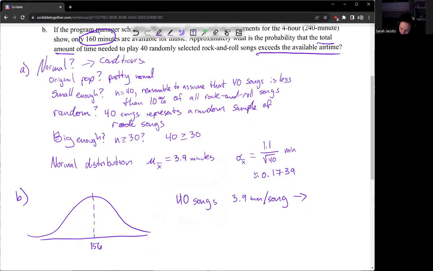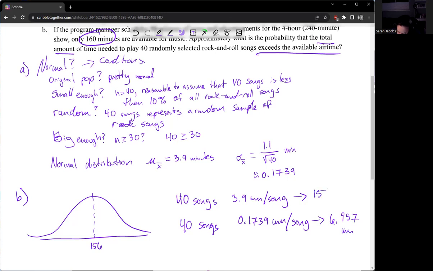For the standard deviation, I'm going to multiply this by 40 songs. So I'll say 40 songs by 0.1739 minutes of standard deviation per song. And that's going to give me my standard deviation. So that times 40 is about 6.957 minutes.